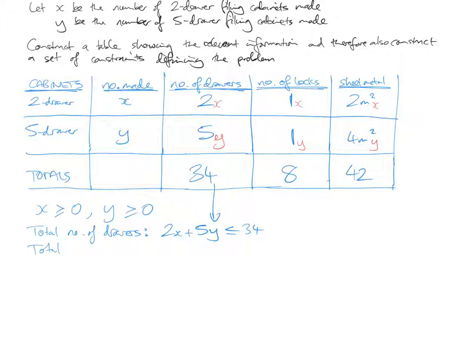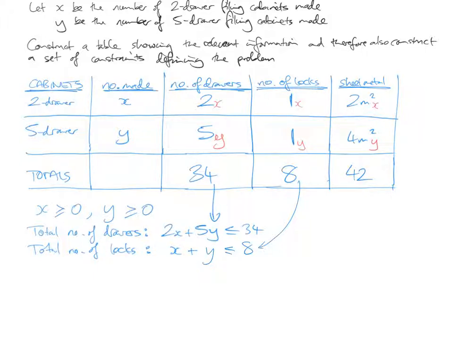It comes from there. Total number of locks, 1x, so x, plus 1y, so y is going to be less than or equal to 8. Where does that constraint come from on our table? It comes from this column here.